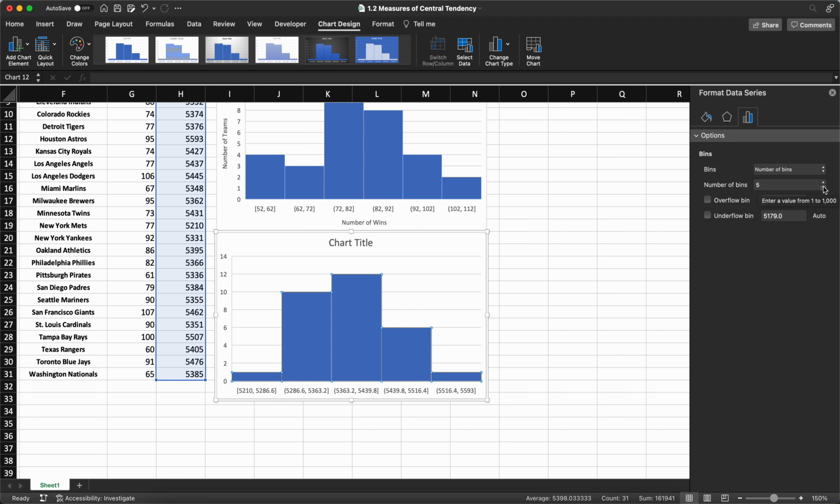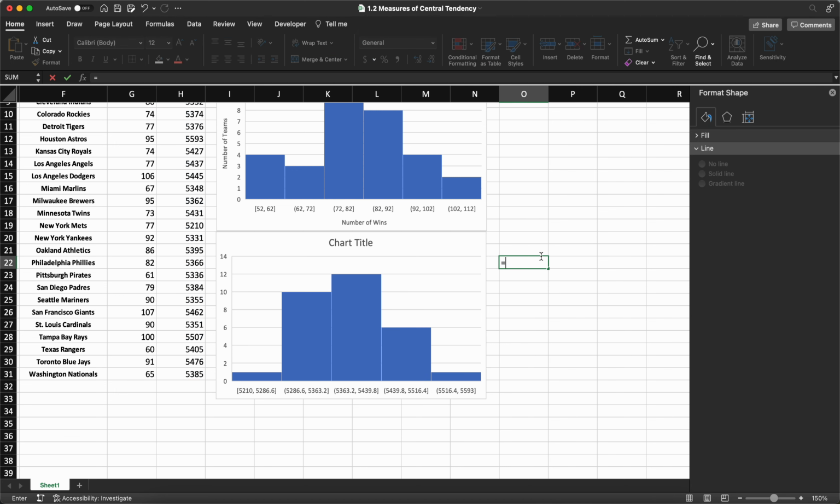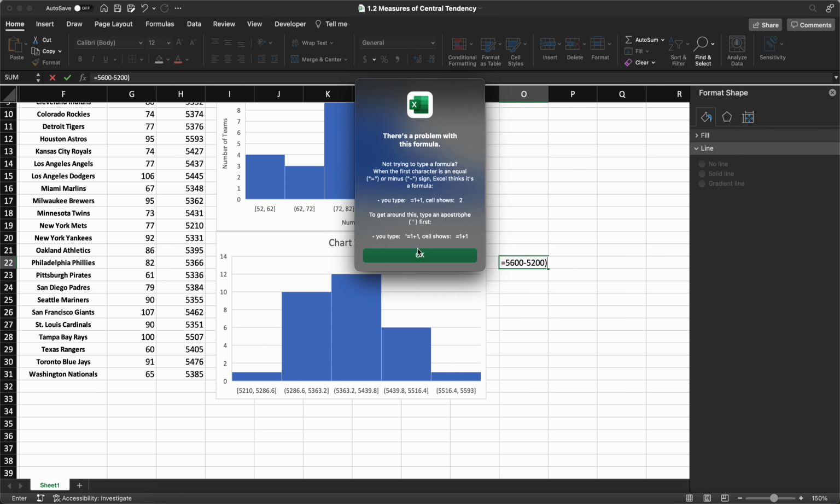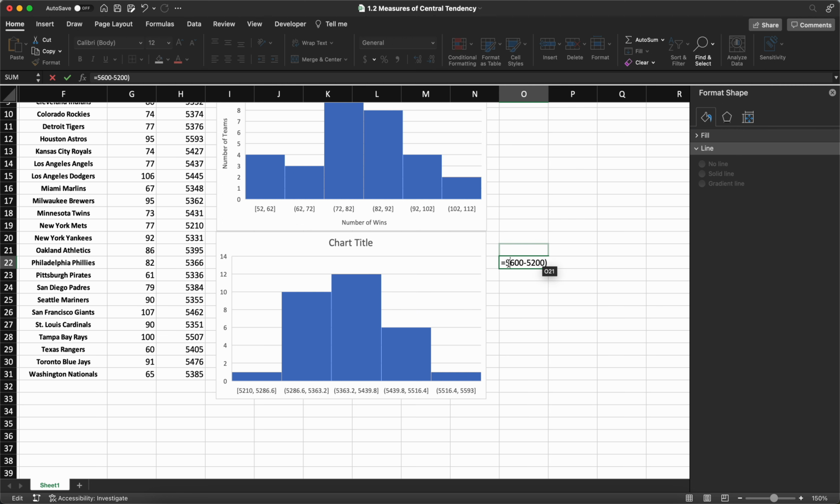Now I'm only going from 5,200 to 5,600 here, and I'm doing that in 1, 2, 3, 4, 5 bins. So 5,600 minus 5,200, and I want to divide that by 5.